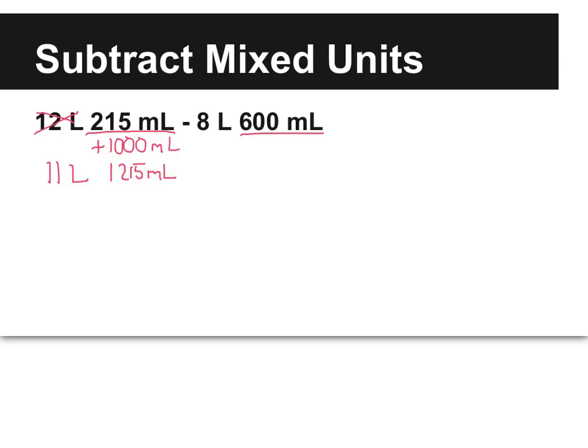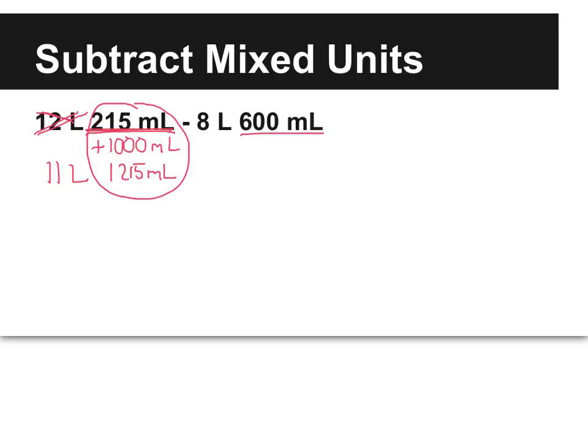Does that make sense? 12 liters, 215 milliliters. I borrowed 1 liter from this so I can make my milliliters larger. 1 liter is equivalent to 1,000 milliliters. So I could add together 215 milliliters plus 1,000 milliliters to get 1,215 milliliters.